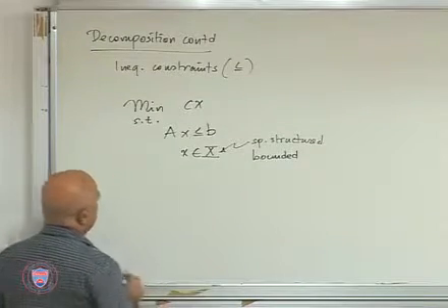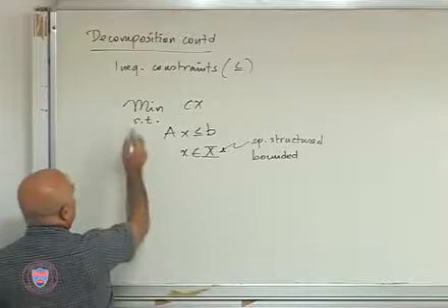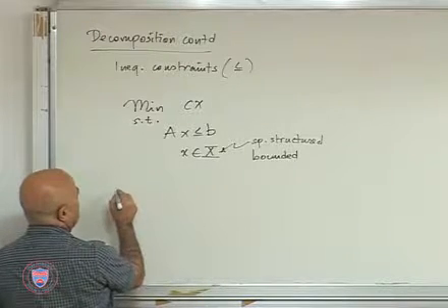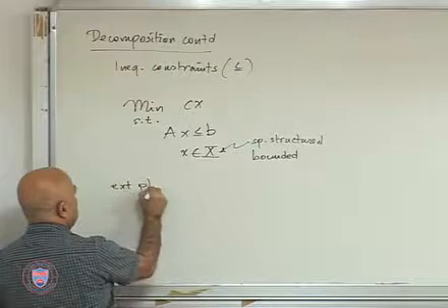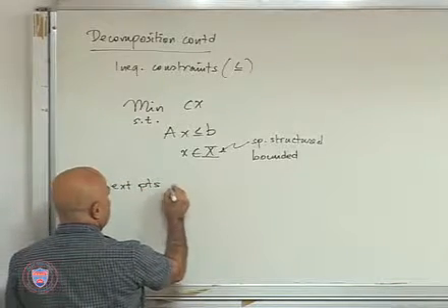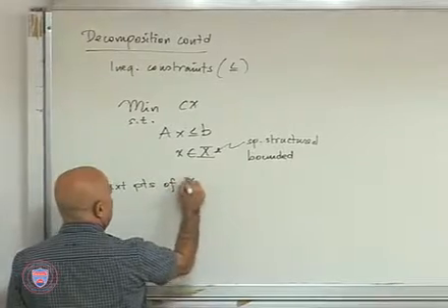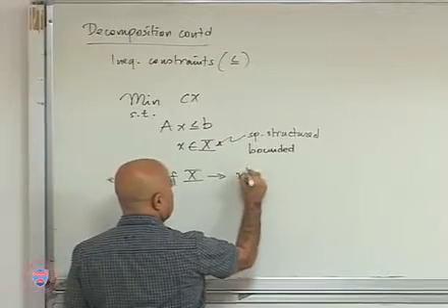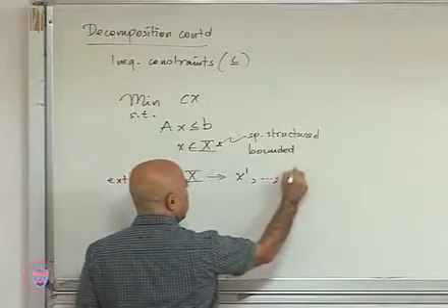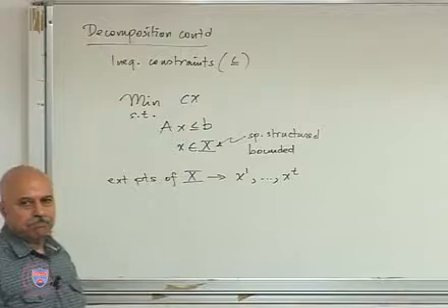And what we do is we transform this problem into a master problem by first looking at extreme points of X. Let's just assume we enumerated them as x1 up to xt.